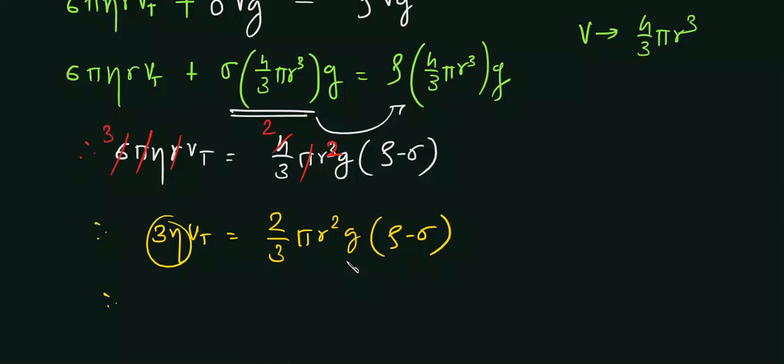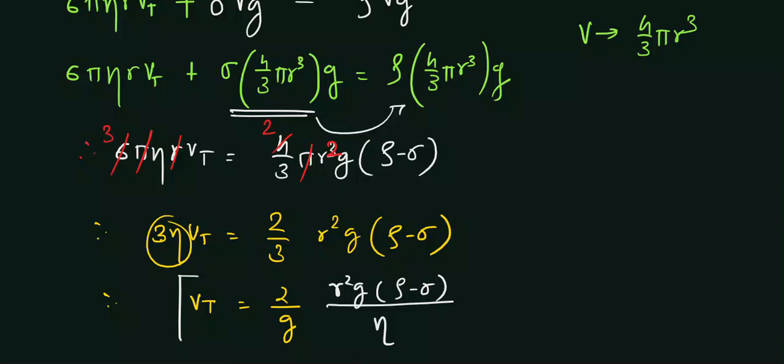And taking this 3 eta across, Vt is equal to 2 by this 3 into 3, that is 9. So 2 by 9, and here I am going to write it as per the book: r square g (rho minus sigma) divided by eta, and this is the formula for terminal velocity.